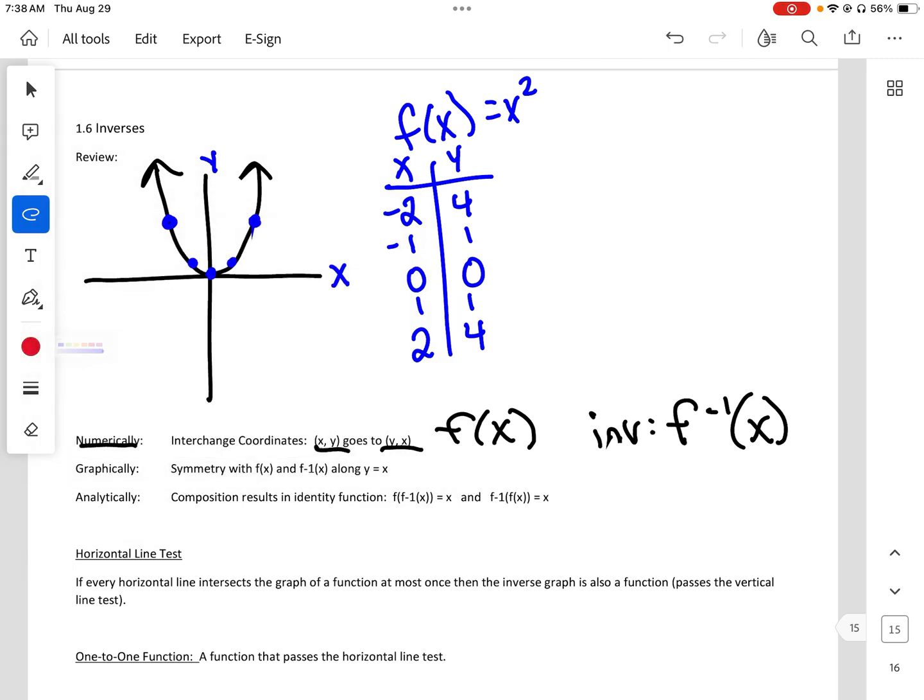Then if I do the inverse, so this would be f of -1 of x. Let's make our table. I'm going to interchange x and y. So I'll have 4, 1, 0, 1, 4, and then the y's will be whatever the x's were on my original.